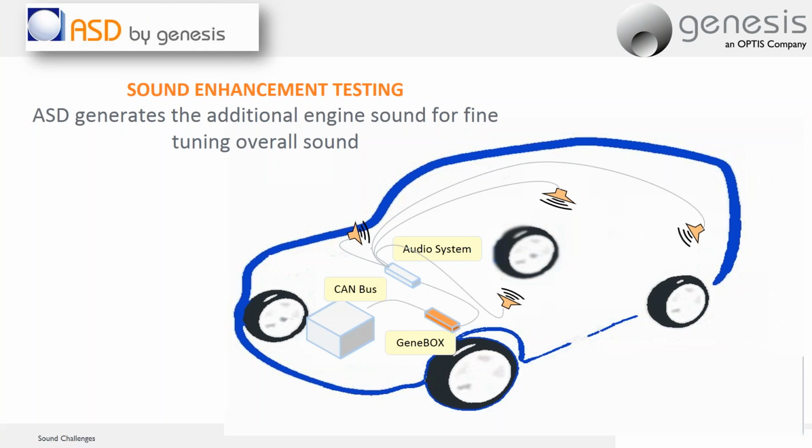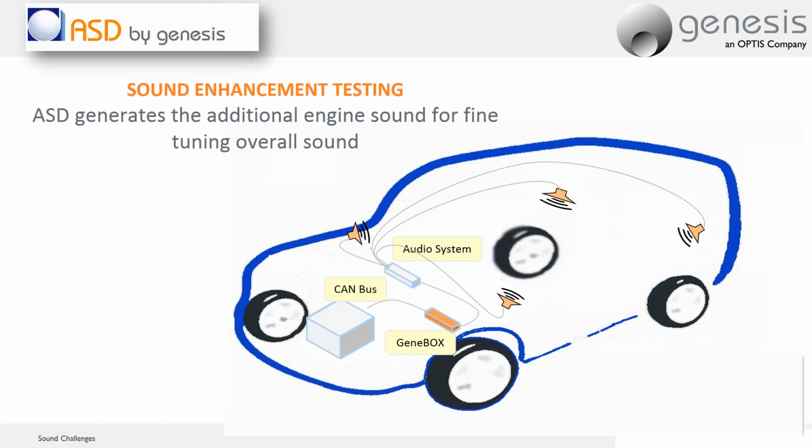That brings us to our active sound design solution, or ASD. This is specific for automotive, designing or enhancing a sound for an engine noise. Once we design our sound, we can implement it into a vehicle using what we call a Genibox.